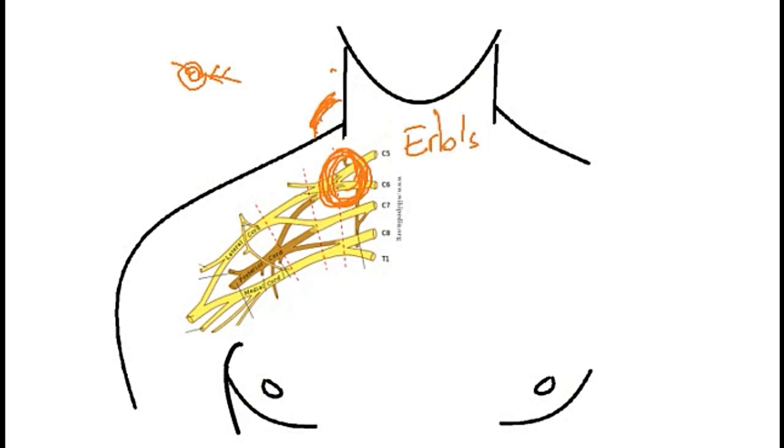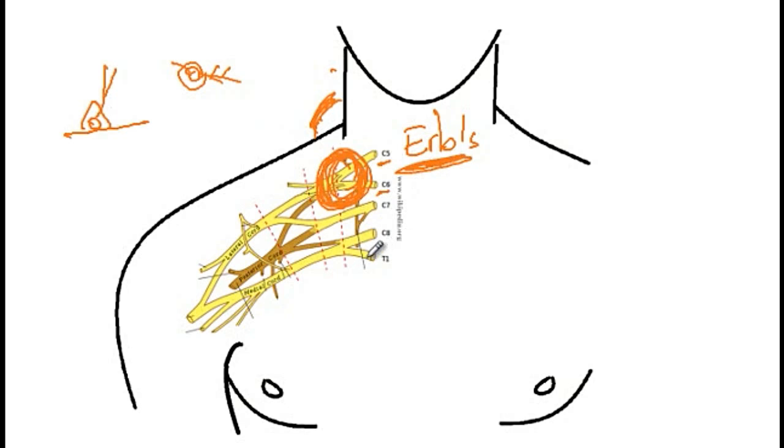Another example is if a patient falls on the neck on a floor, and if lucky and not breaking the neck, then there is a high risk of developing Erb's palsy from damage to the C5 and C6 nerve roots.